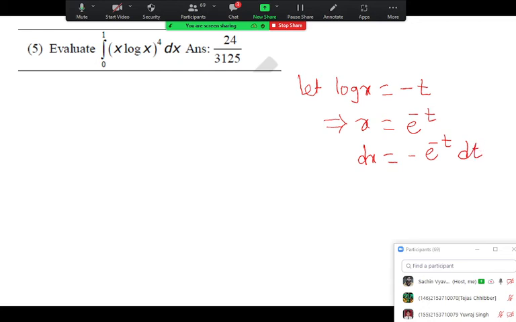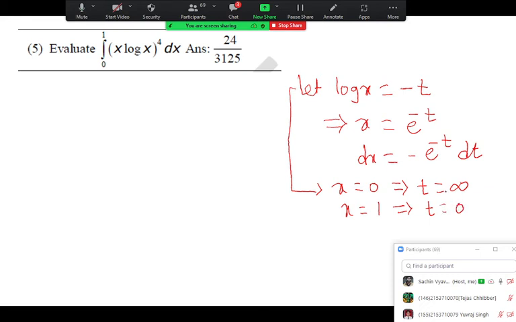Now, the important thing in this question is that we require new limits because limits do not remain the same. If we use the original equation to check the limit, when x is 0, log 0 is not defined, so t becomes infinity. But when x is 1, log 1 is 0, so t becomes 0.